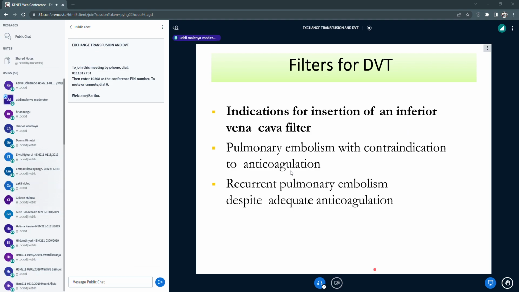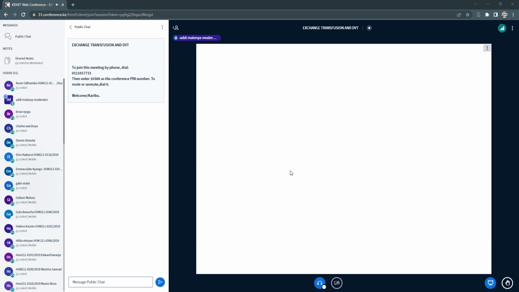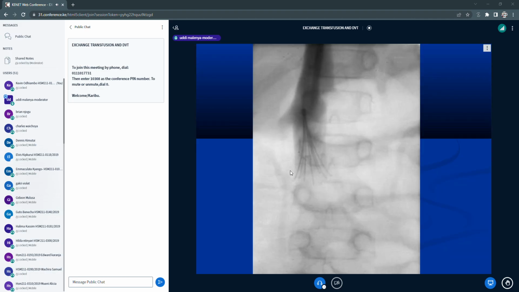The indication for filters is prevention of pulmonary embolism, in a patient who has a contraindication to anticoagulation, or a history of pulmonary embolism despite adequate anticoagulation. These are the controversial indications.